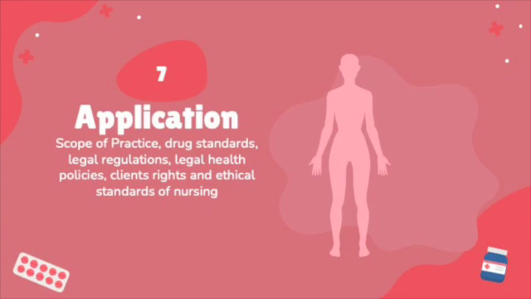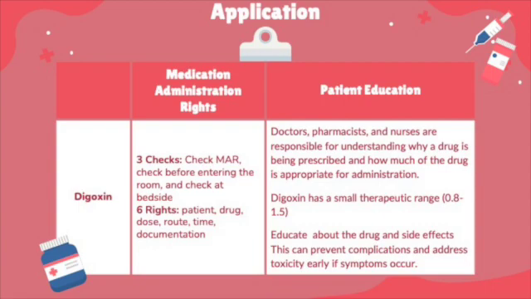Hi, this is Jenny again. I will talk a little bit about the application of digoxin. I will focus more on medication administration and patient education. For medication administration, every nurse must perform 3 checks, including the 5 rights. The first check is with the MAR, before you pull the medication from the Pyxis.